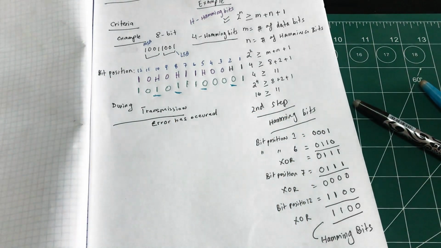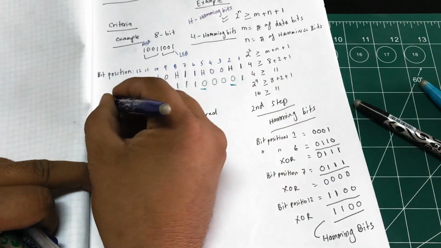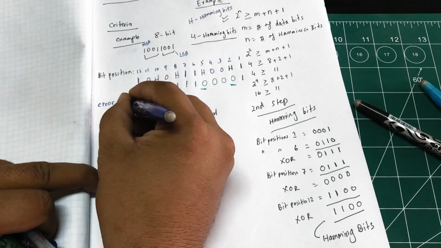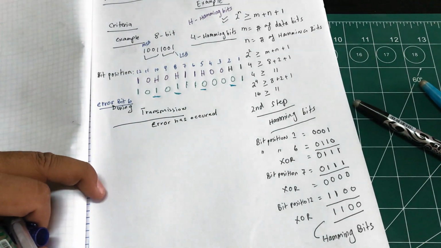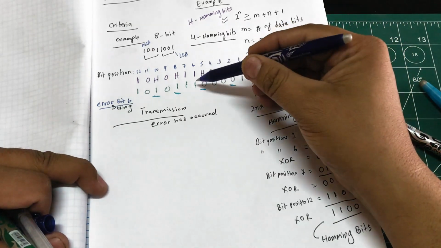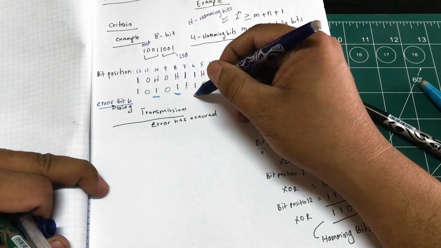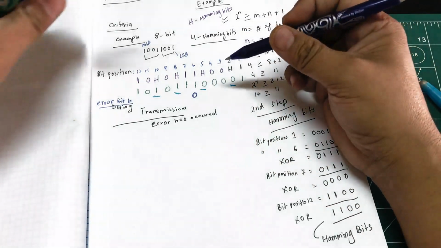This error has occurred at bit position 6. During that transmission, the error has occurred at bit position 6, so instead of receiving 1, I get 0. I hope you're getting it.